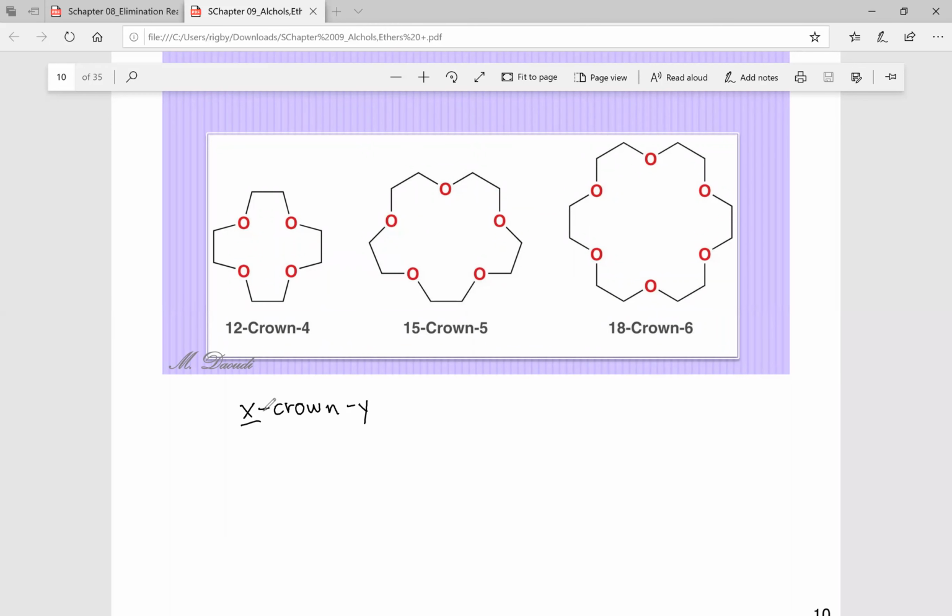The X is going to be how many atoms there are total in the crown. Y is how many oxygen atoms you have. So in this first one, we see 1, 2, 3, 4, 5, 6, 7, 8, 9, 10, 11, 12. So that's the 12 part of the crown. And then we have 1, 2, 3, 4 oxygens. That's the 4 part. And so then you just do that with all these other ones. It's way easier than it looks.